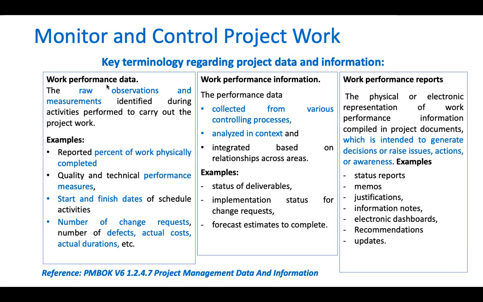All right, then work performance report will be like physical or electronic representation of work performance information compiled in project documents, which is intended to generate decisions or raise issues, actions, or awareness. For example, it could be status report, memo, justification, information notes, electronic dashboards, recommendations, and updates.